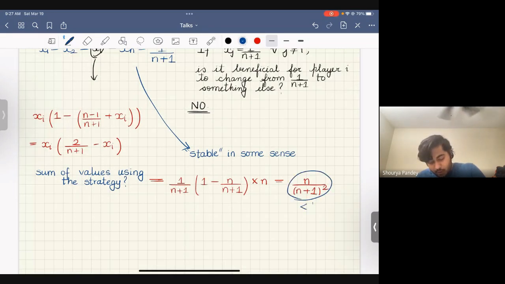It's less than 1 over n. And so the value is decreasing as n increases, which is really sad because you can simulate everything with n players than with smaller players. And so it's as if competition is benefiting nobody in some sense.